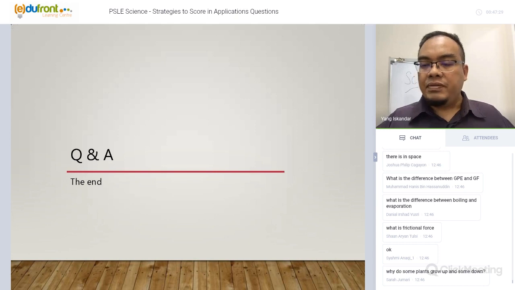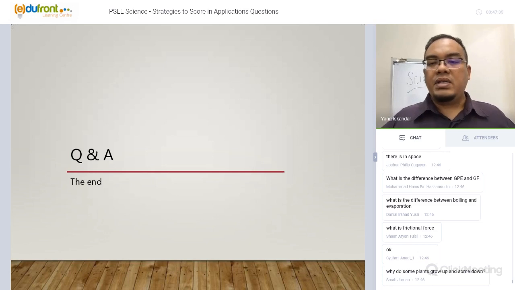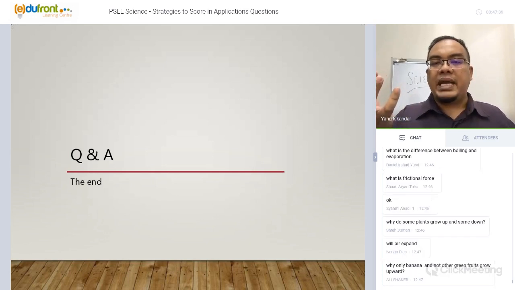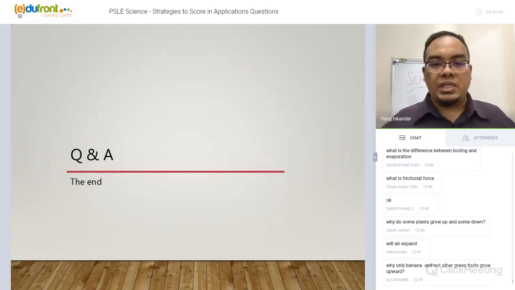Hanisas, what's the difference between gravitational potential energy and gravitational force? Gravitational force is the gravity exerted by Earth, pulling objects towards it. But gravitational potential energy, coming from the word potential, is stored energy.